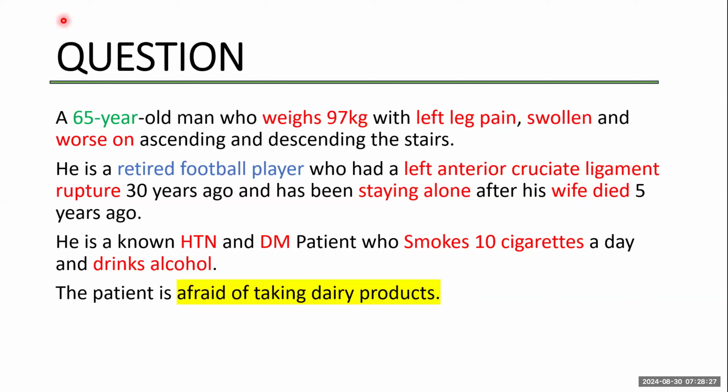The differential that could have been considered, if we're looking at the knee alone, given the patient's age, the presence of diabetes, and some of the features in the X-ray, is CPPD, that's calcium pyrophosphate deposition disease, which has many presentations.